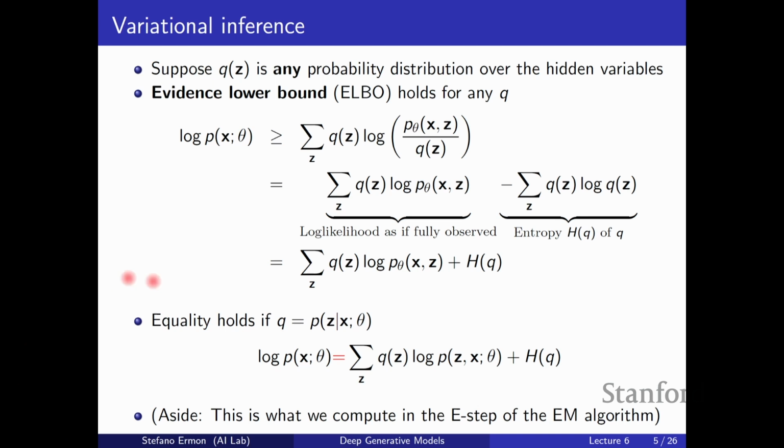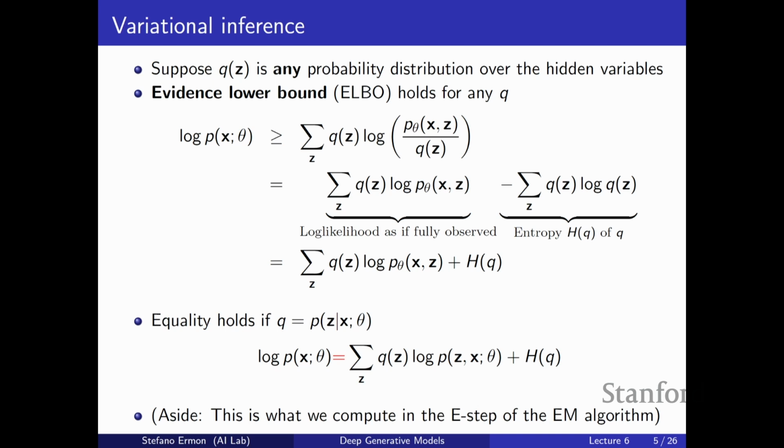This kind of procedure has the flavor of an EM algorithm where you have a way of filling in the missing values using this Q distribution, and then you pretend that all the data is fully observed, which is this piece here, and then you have this entropy term. But there's a connection between these learning methods, EM, and variational learning, that we're going to talk about today.